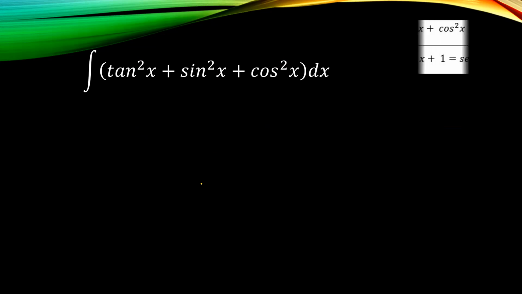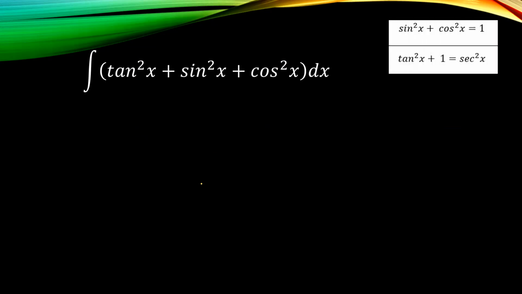Ayan, let's be reminded of our trigo identities, which will be important in here. Remember that using the first Pythagorean identity, this portion is just equal to 1. So what we have is just tangent squared x plus 1 times dx. And then we use this second Pythagorean identity. So that becomes just secant squared x.